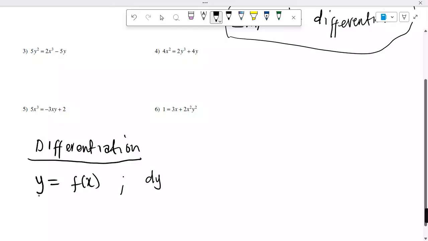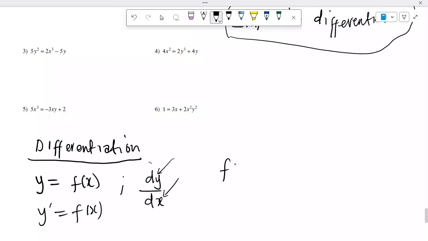You are differentiating y with respect to x. At times we can just write y prime, and we know we are talking about differentiating this function.